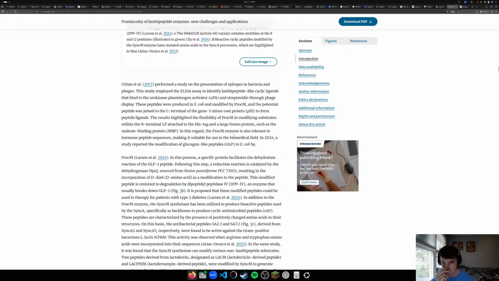It is also tolerant to hormone peptide sequences, making it suitable in the biomedical field.